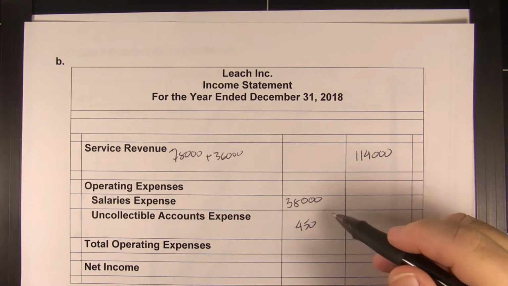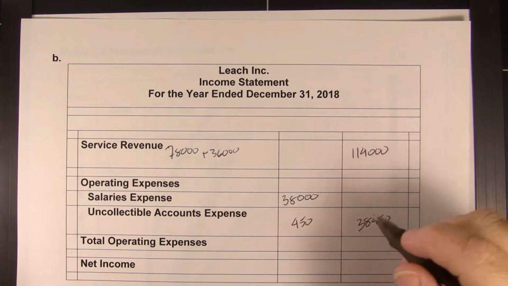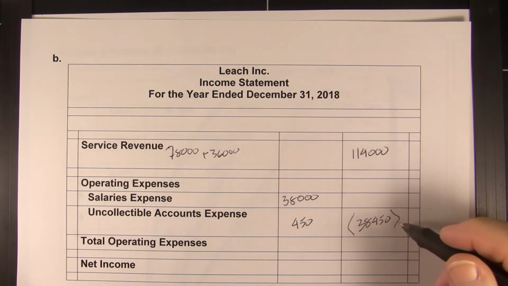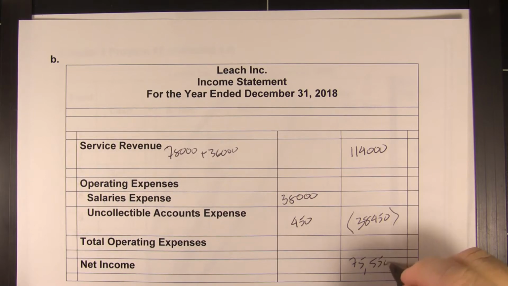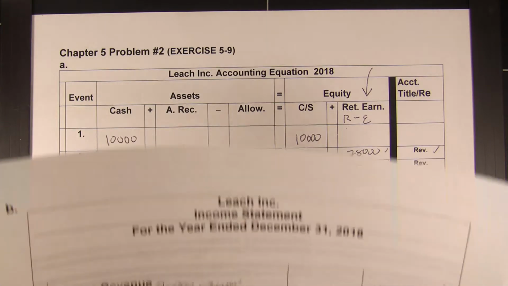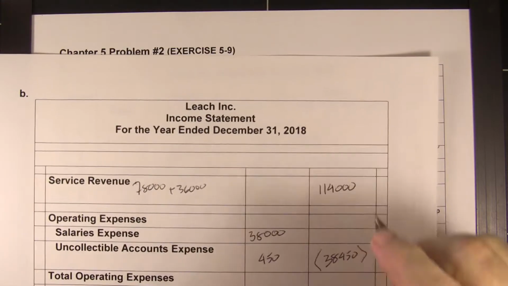I could, but when I bring that 38,450 over here, I know I have to subtract it, because revenue minus expense gives net income of 75,550, which, by the way, is that number there. I'm hoping as we go through this, you're seeing how these things tie together.